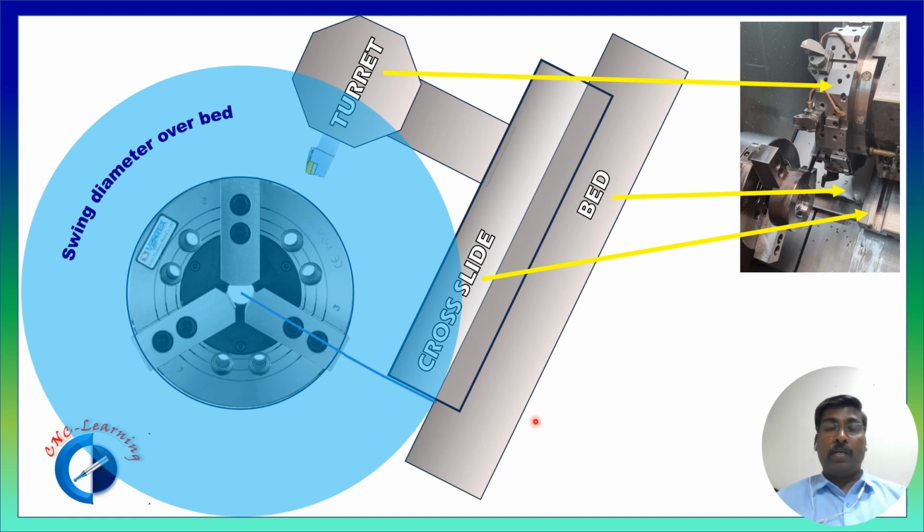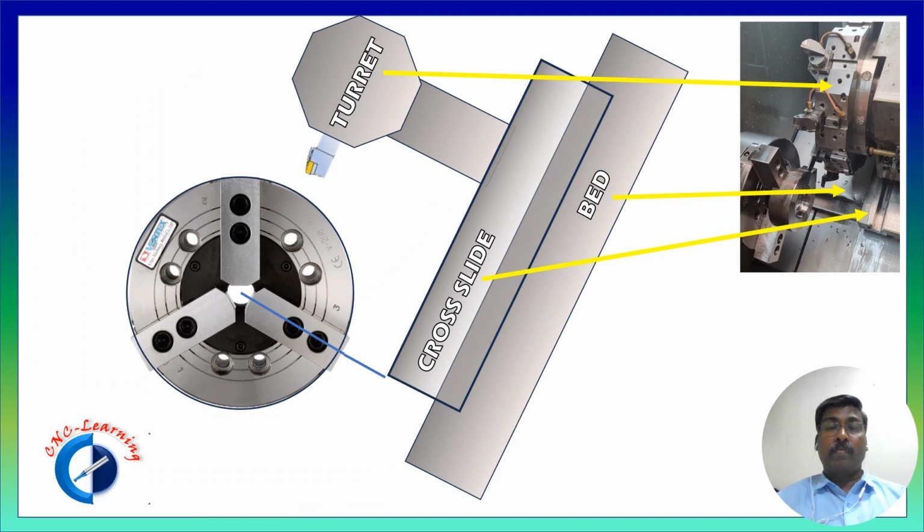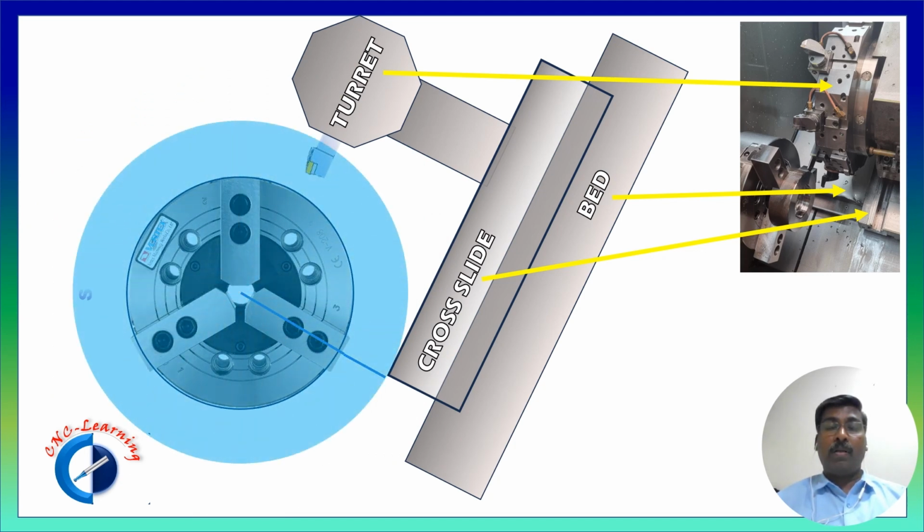You can see here is the bed, here there is a cross slide or saddle, and the diameter which can be run just with the bed is called swing diameter over bed. Now the thing which can be run over the cross slide is called swing diameter over cross slide.